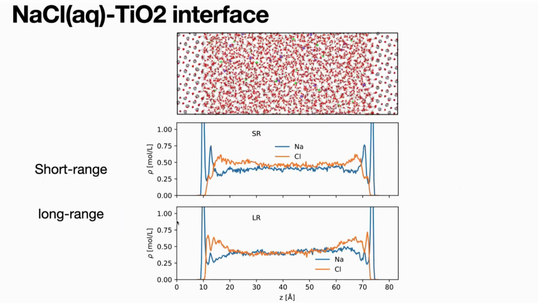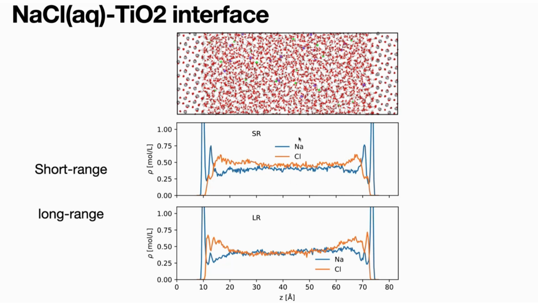Okay, so here's another example about interfaces. Here we have a titanium dioxide slab, and in the water sandwiched in between, we have an electrolyte. So this is sodium chloride in water. Now, if you use a standard short-range potential, it predicts something that is highly unphysical.